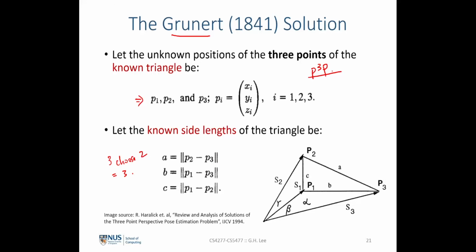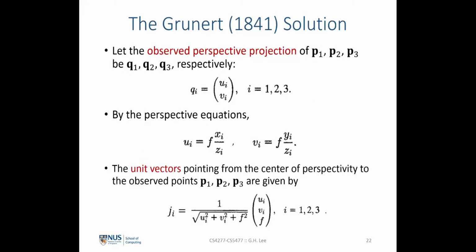And we further denote the corresponding observed perspective projection. So P1, P2, P3 are defined earlier on as the 3D points.